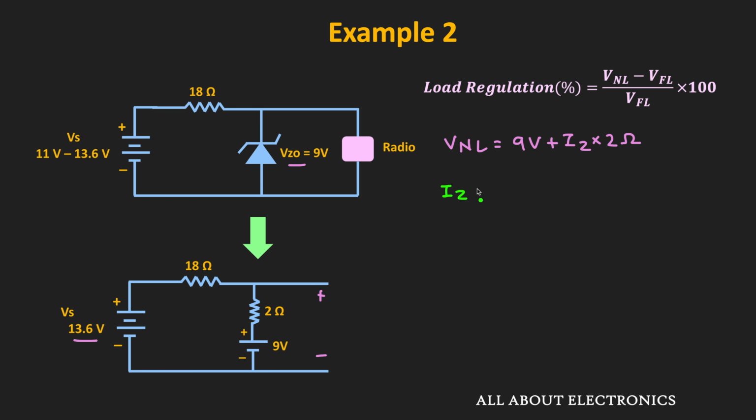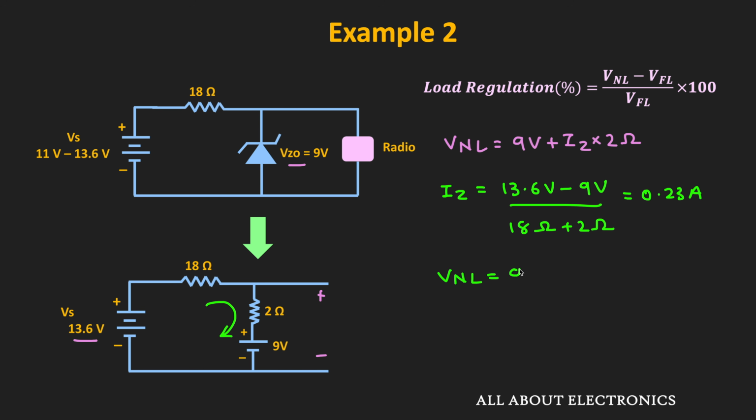So here, Iz is equal to 13.6 volt minus 9 volt divided by 18 ohm plus 2 ohm, and if we calculate the value, then it will come out as 0.23 ampere. From this we can say that the no load voltage is equal to 9 volt plus 2 times 0.23 ampere, that is equal to 9.46 volt. So in this way, we got the no load voltage for the given circuit, that is equal to 9.46 volt.